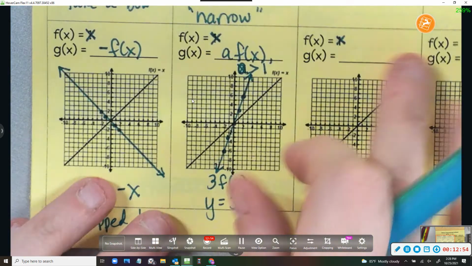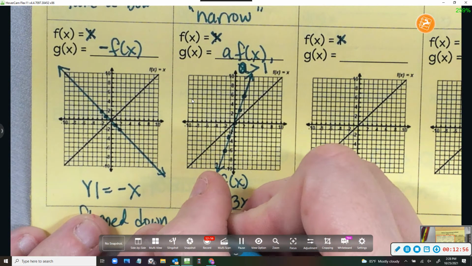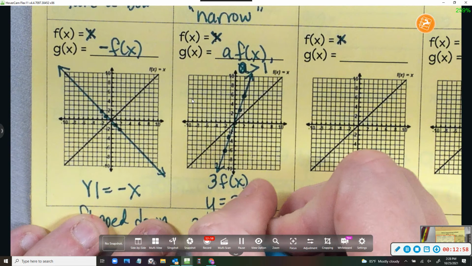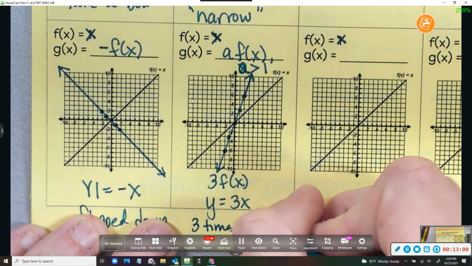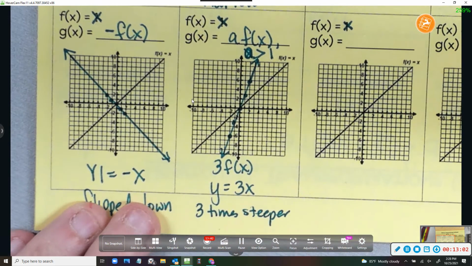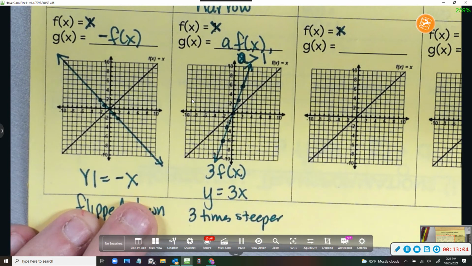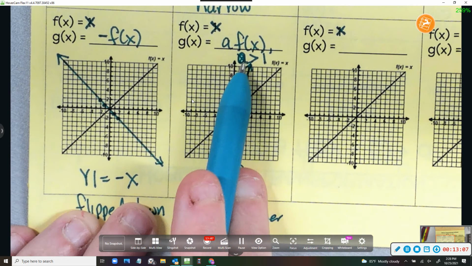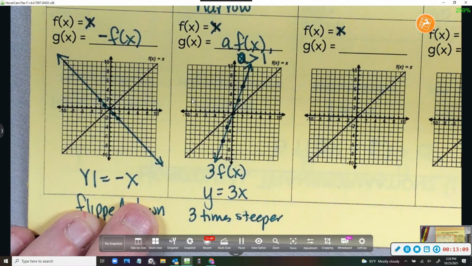For this one, you can describe it as 3 times steeper than the parent function. That means it's moving up faster.